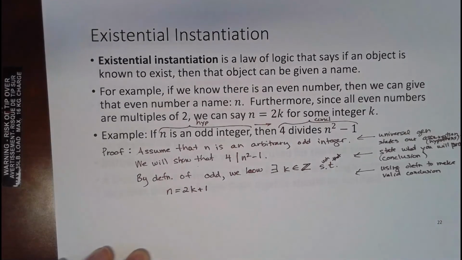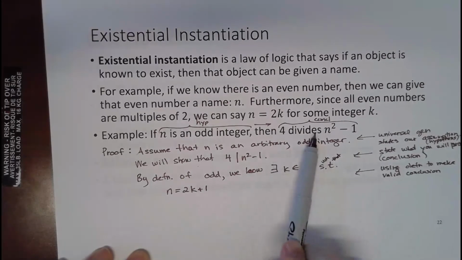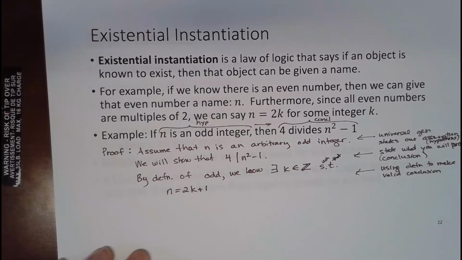Then I ask, where am I trying to get to? What I'm trying to show is that 4 divides n squared minus 1. So you might ask yourself, I wonder what n squared minus 1 is. Well, I know what n is, so I should be able to figure it out.